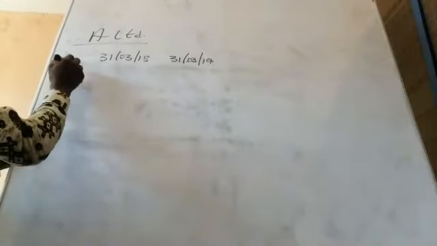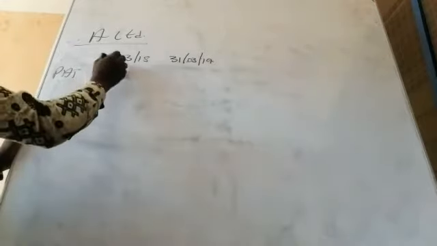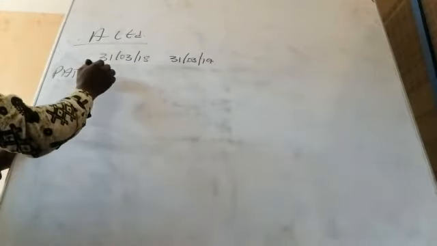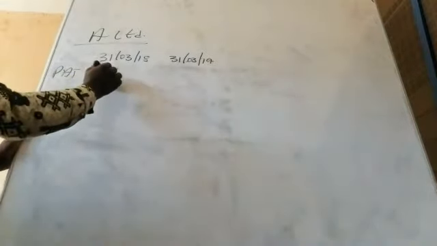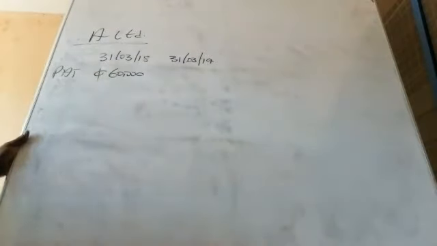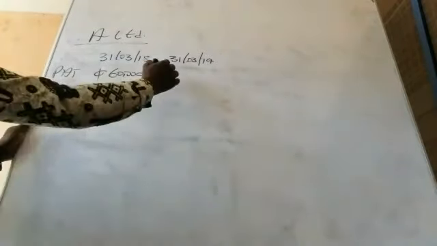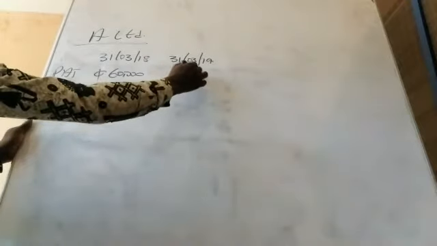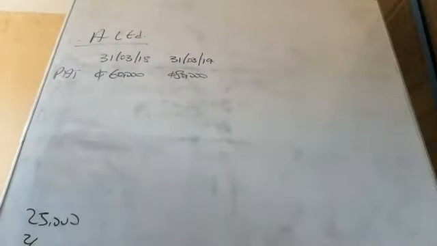The profit after tax happens to be 60,000 cedis, and this profit happens to be 80,000 cedis. So these are the profits made for the two years. Let's continue.